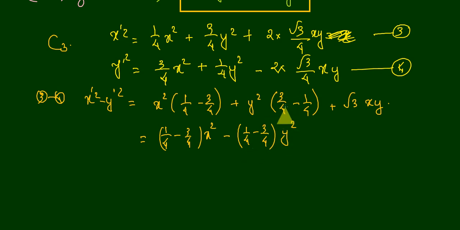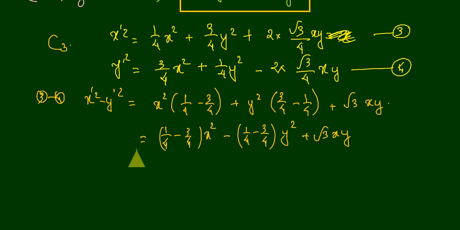So I just multiplied a minus 2 times. That's all I did. Minus y square and 1 minus on the bracket now to multiply them, 1 by 4 minus 3 by 4. Okay, plus root 3 xy is equal to x dash square minus y dash square. So x dash square minus y dash square transforms like this.